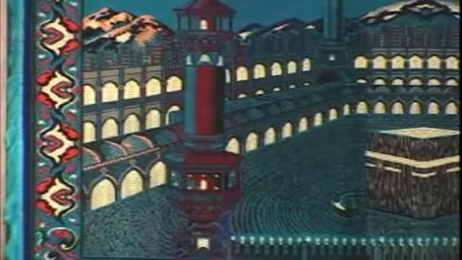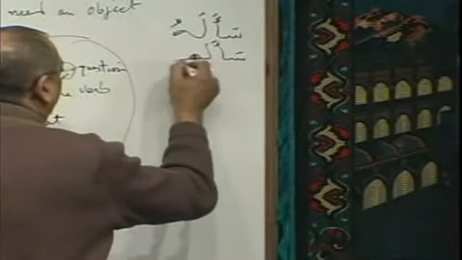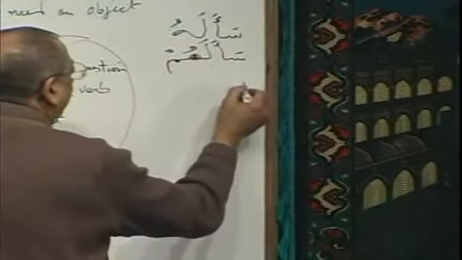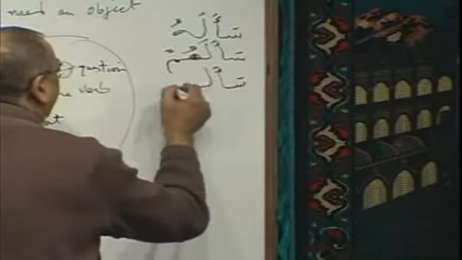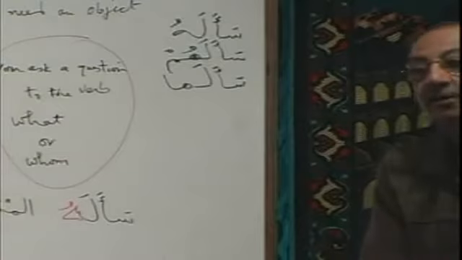See here, I will write down here, brother. Sa'alahu, sa'alahum, okay. Sa'alaha, are you with me? Sa'alaha, okay. And sa'alahunna. But as I said, we can do 14 pronouns. Let us do the 14 pronouns one by one: sa'alahu, sa'alahuma, sa'alahum, sa'alaha, sa'alahuma, sa'alahunna.